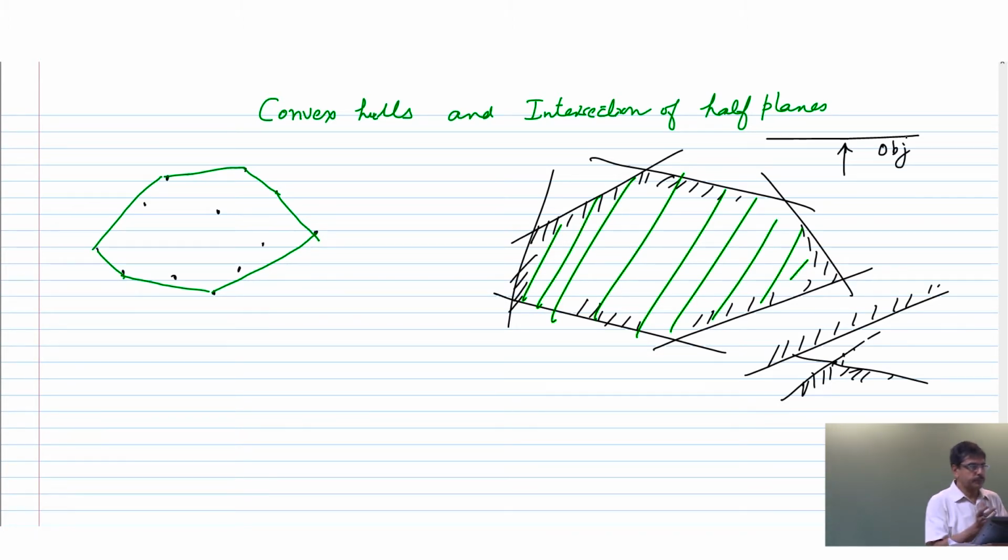But if I look at this problem of intersection of half spaces and the convex hull problem, here is the connection. Given a set of points, I can apply the dual transform and define a set of lines. Then let us look at the structure that I have of the convex hull.